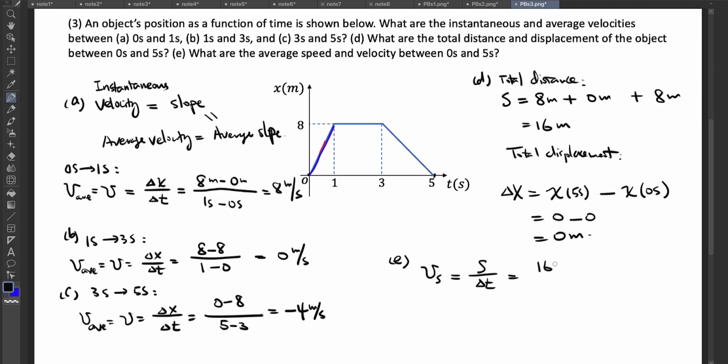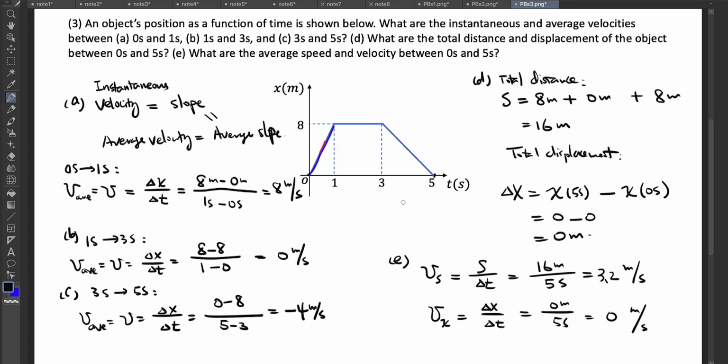S is 16 meters, delta t is 5 seconds, so we get 3.2 meters per second as the average speed. And the average velocity, let me call it Vx, equals delta x over delta t, and we get 0 over 5 seconds, so it equals 0 meters per second. So we can see that the average velocity is actually 0 throughout this process.